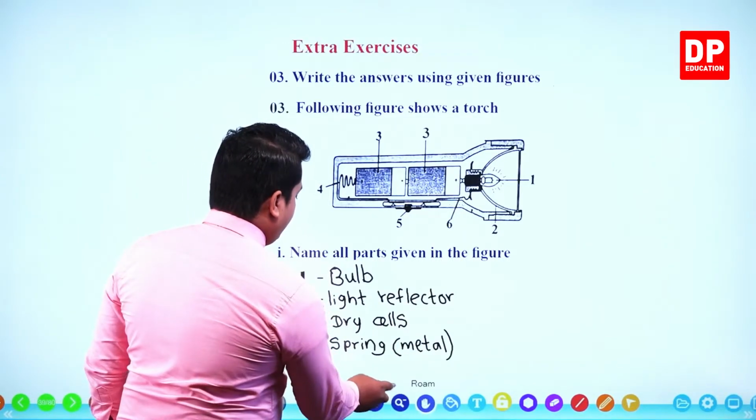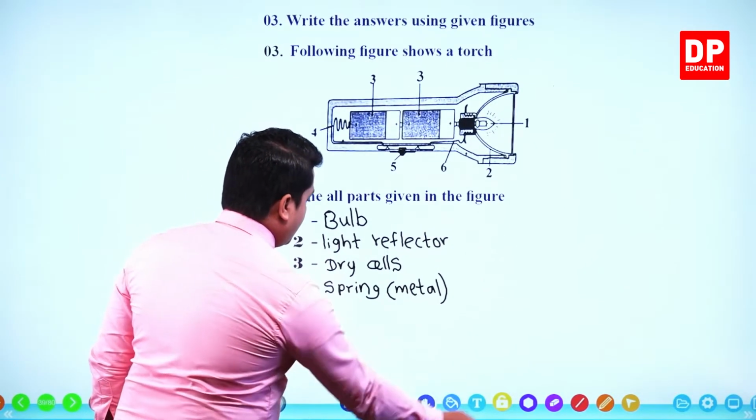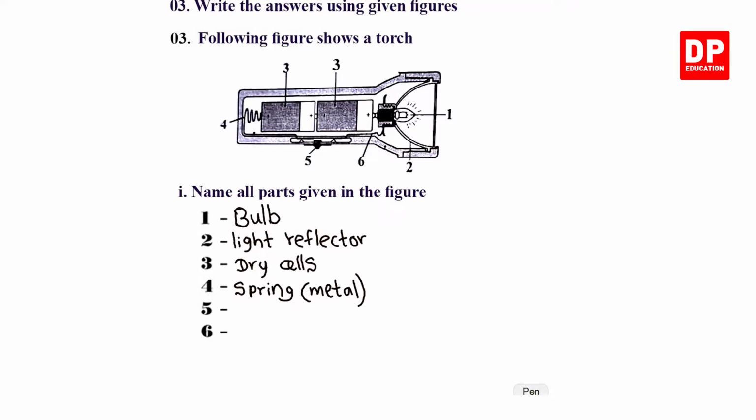Number 5, in number 5 is the switch. Then number 6, connectors. Can be copper or brass.